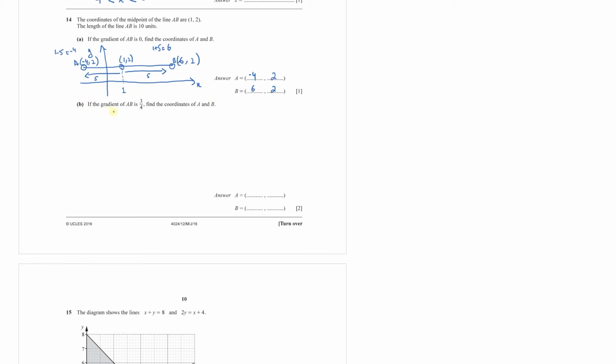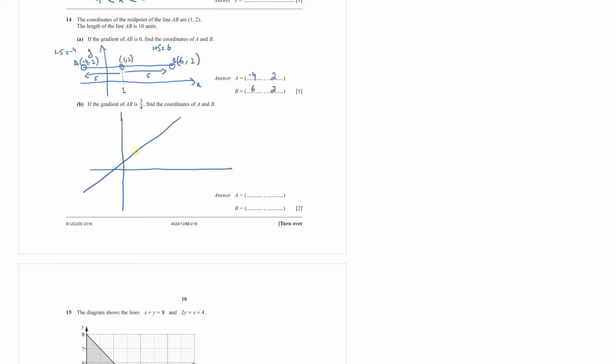Part B is if the gradient of AB is 3 over 4, find the coordinates of A and B. So let me again just sketch this line here. Now your line is something like this with a gradient of 3 by 4, and the midpoint is again 1, 2.